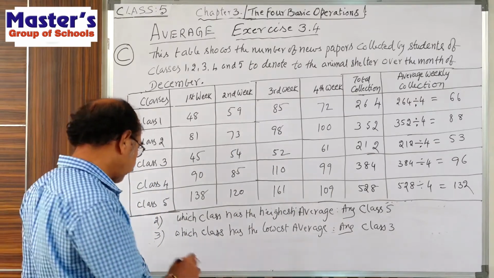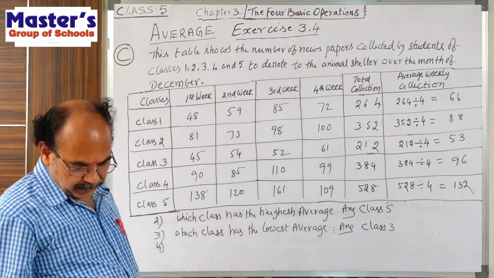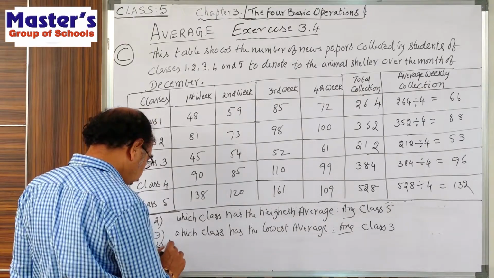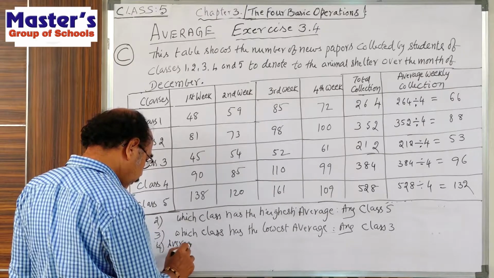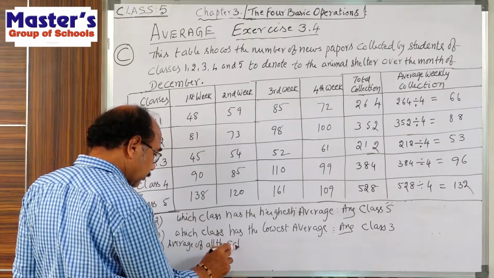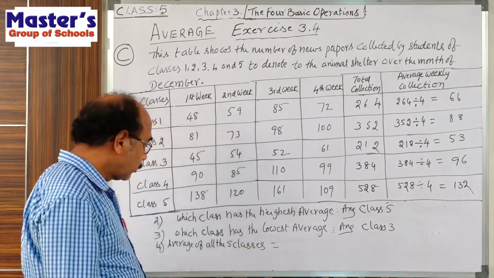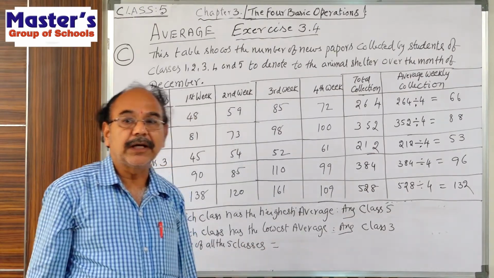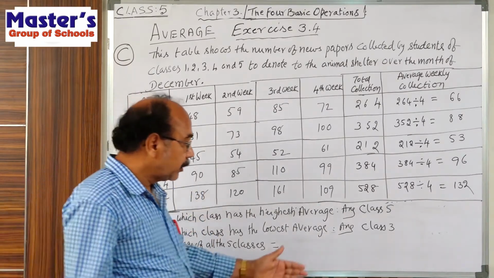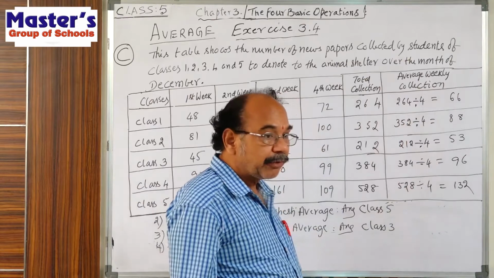Now, fourth question. What is the fourth question? Find the average of all the 5 classes. How can you find it here? Average is equal to sum of the quantities by number of quantities.